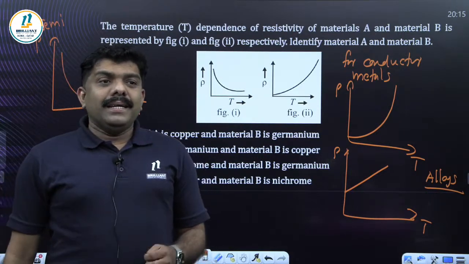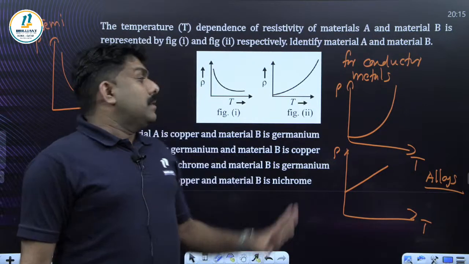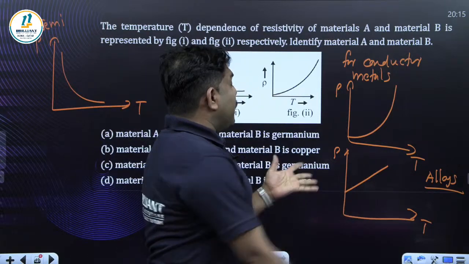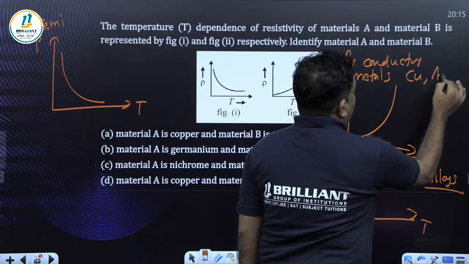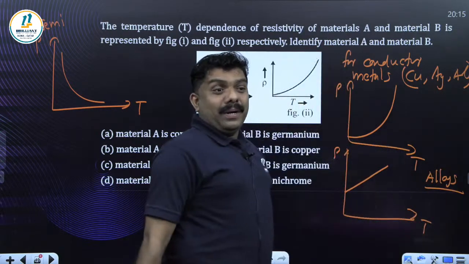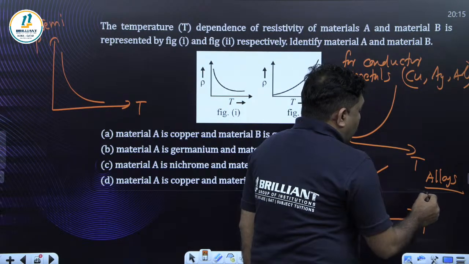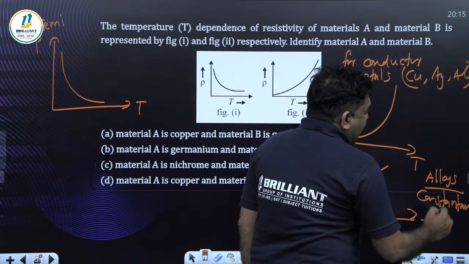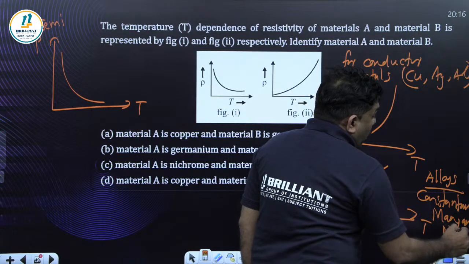So the variation of resistivity with temperature is different for different types of materials. Metals, as everyone knows, include copper, silver, and aluminum. Alloys include constantan, manganin, and nichrome.